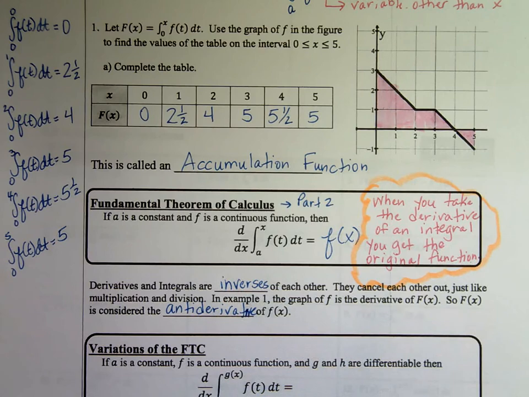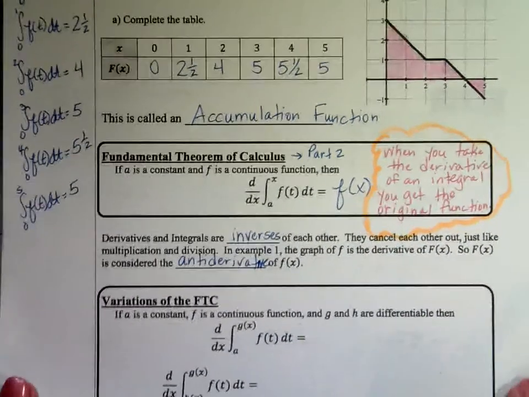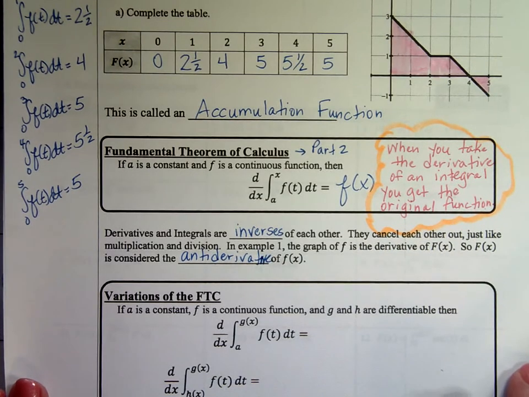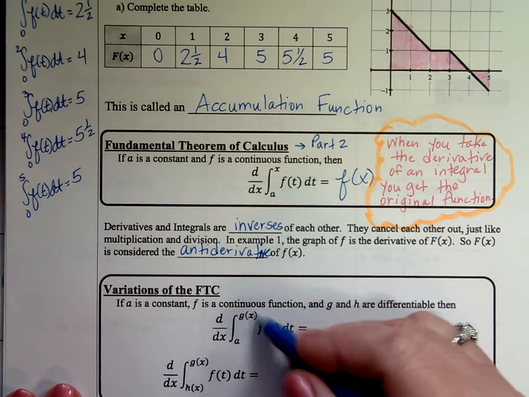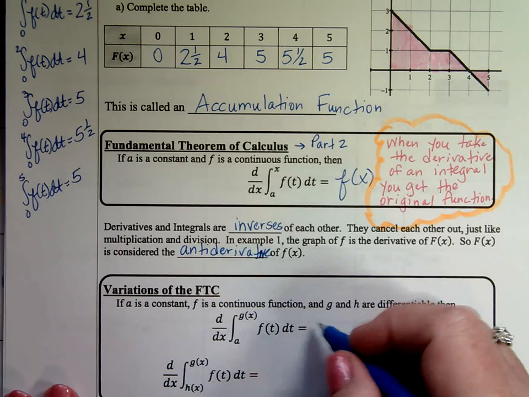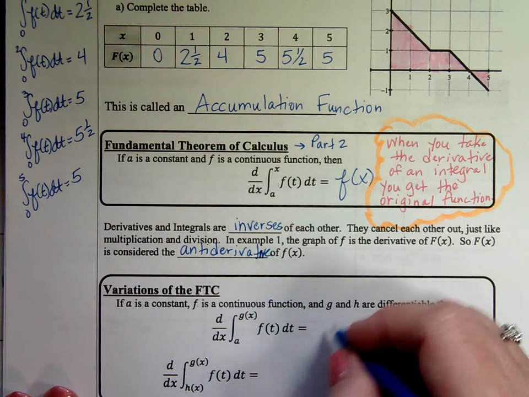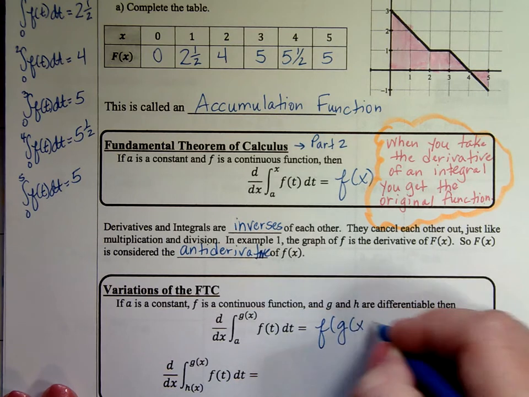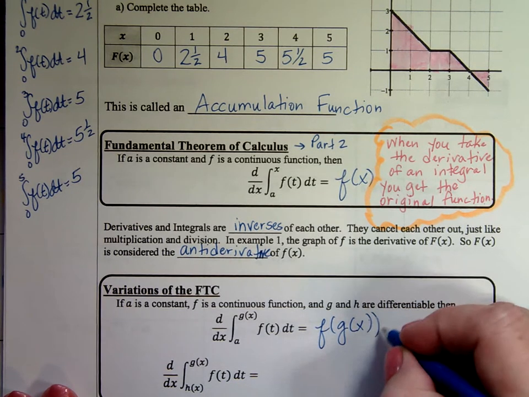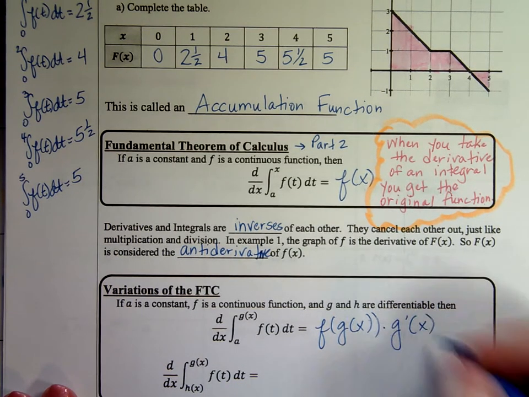There are some variations that come up. I don't know how much we'll see of these, but I'll show you real quick. This is equivalent to, remember you plug in your, well, it's F of b minus F of a type stuff, but here's what this one would look like. F of g of x times g prime of x.